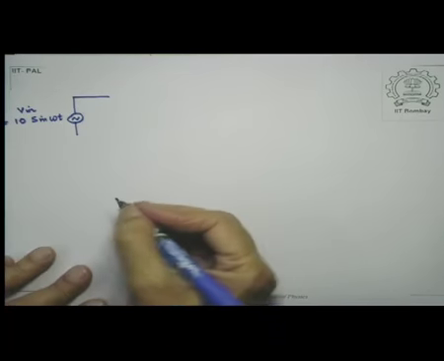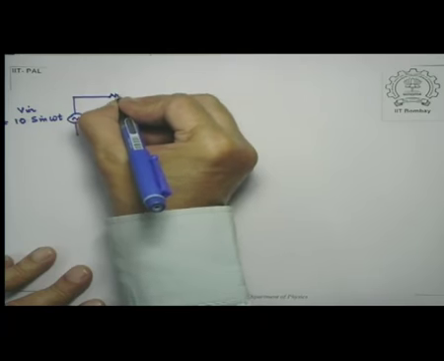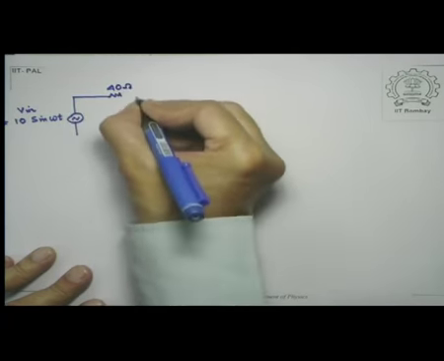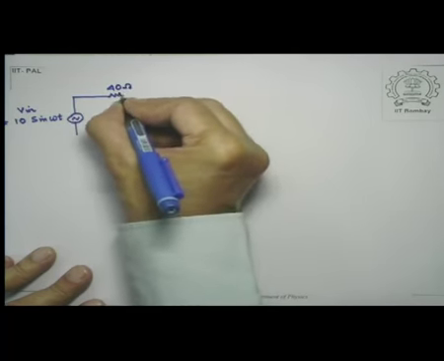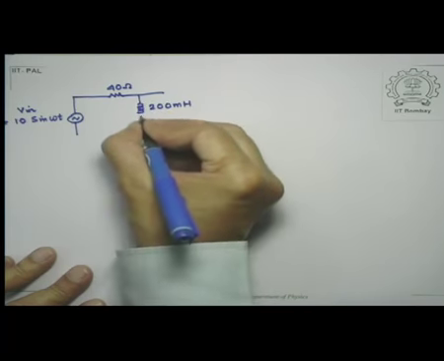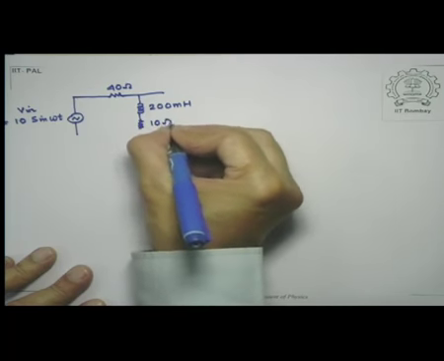At this moment I am not giving you what the value of omega is, for reasons to follow. So I have a resistance which is 40 ohms. Then this circuit has a 200 millihenry inductance and another resistance here of 10 ohms.